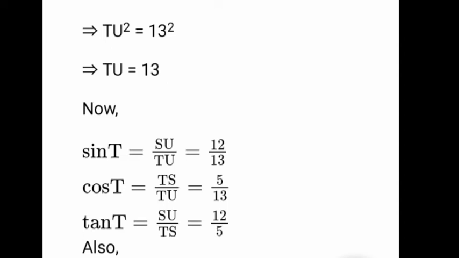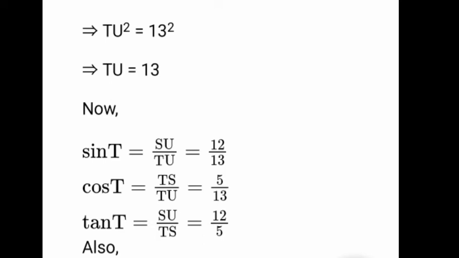Now you have to find sine ratio, cos ratio and tan ratio, that is sin T, cos T and tan T. This you can do by yourself, but still I am giving these answers. You just have to see the figure and find the ratios.